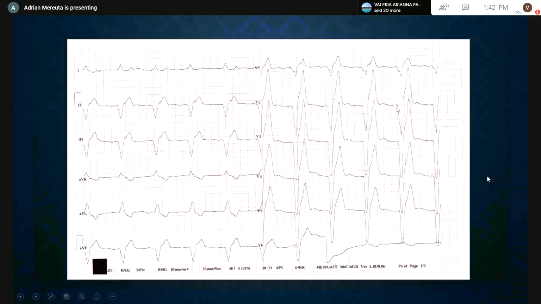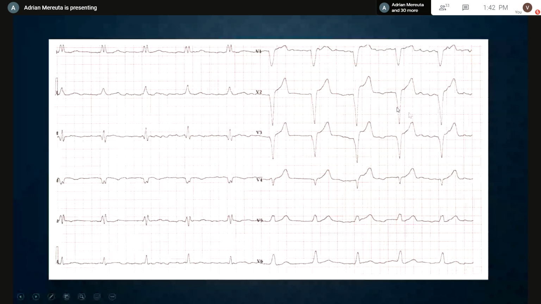In other cases, even though it's a stimulated rhythm, you don't see well or at all the spike, like here, only the enlarged QRS complex, or here we don't see the spike, even though it's a pacemaker rhythm.